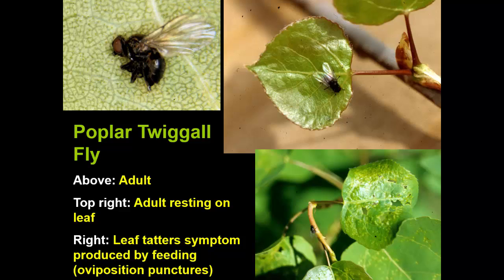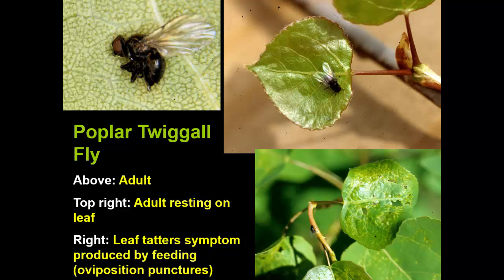It will come out in the adult form sometime in spring when the new growth comes out. And the adult form of the poplar twig gall fly is a small, dark fly, not normally observed. It's usually seen, if you do find it, resting on the young aspen leaves that are coming out, again, quite early in the spring.